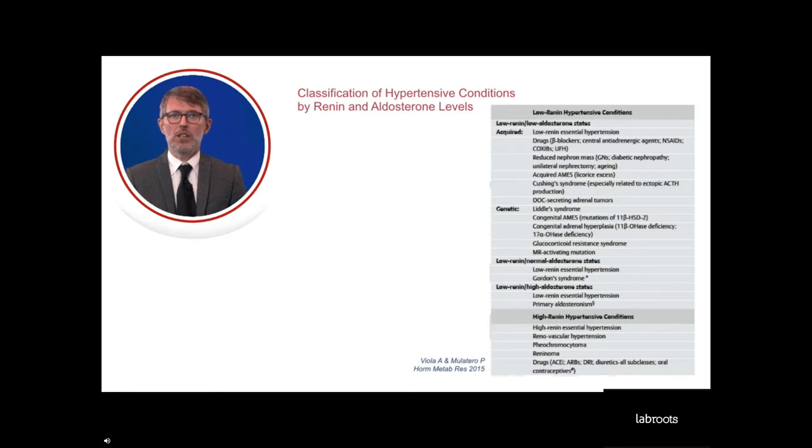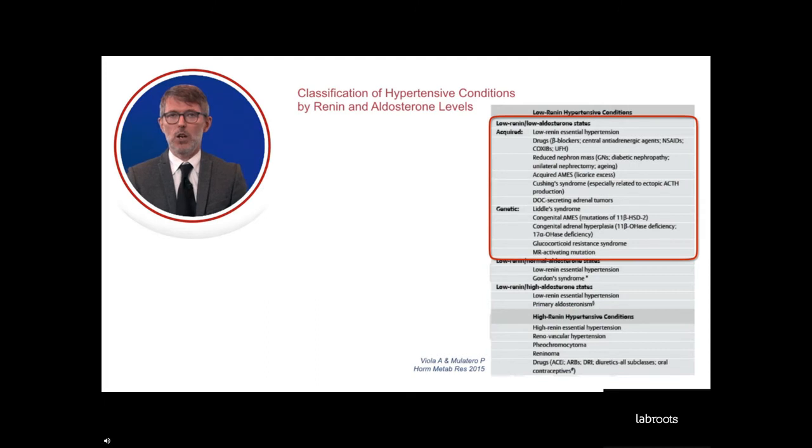The use of renin measurement in patients with hypertension could help the clinician to classify patients according to other conditions responsible for high blood pressure levels. For example, patients with high renin level could have renovascular hypertension, pheochromocytoma, or the very rare reninoma.